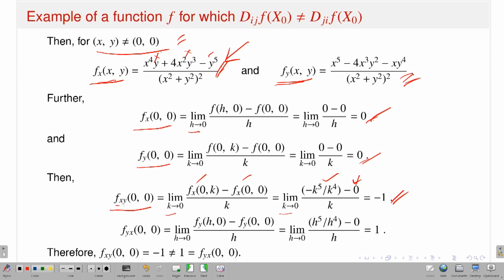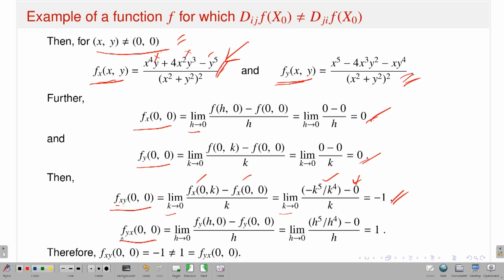The first order partial derivatives with respect to x and y are defined everywhere on R^2, and therefore in particular in a neighborhood of (0,0). So I can talk about the mixed partial derivative or second order partial derivatives at the point (0,0). Similarly, look at this one.